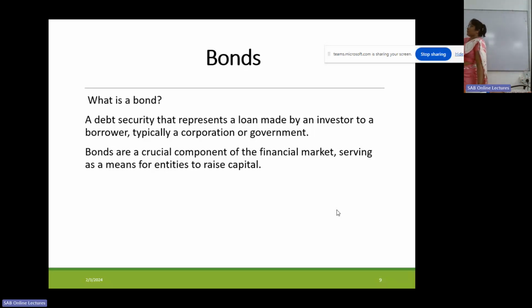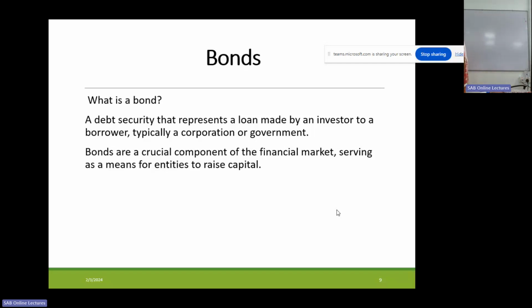Now we are going to discuss bonds. Bonds are a part of debt capital, a debt security that represents a loan made by an investor to a borrower, to a company. Bonds can be issued by PLC companies, and private companies can also issue them within their shareholders, but only a PLC can issue bonds to the general public.